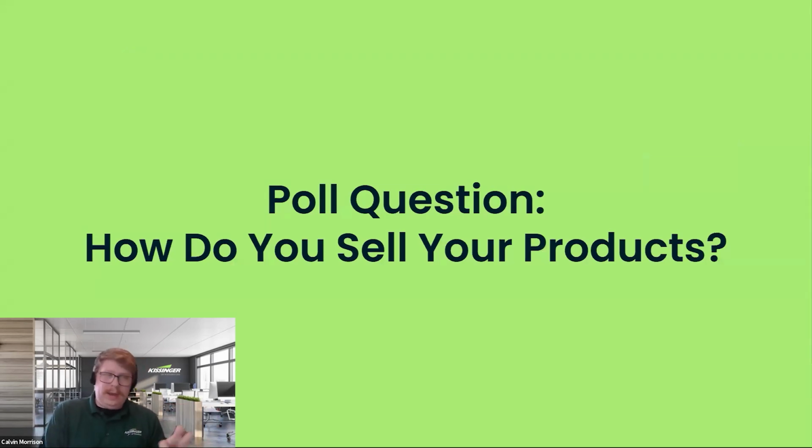You're a distributor, maybe you're selling to other businesses, or maybe you're a manufacturer and you're selling to distributors. Maybe you're a distributor who sells to customers, maybe online, Amazon today, or maybe on Walmart, or maybe you have brick and mortar. And then the last one here, direct to consumer. If you're a manufacturer and you're going straight to the consumer, you've got your own site, skipping the distributors.